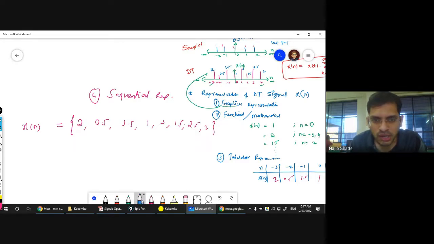After you write all this in sequence format, how do we identify where the value at n equal to 0 is? This is that value exactly at n equal to 0. At 0 you get 1. So here you have to draw an arrow like this. This arrow indicates that this is the value at n equal to 0.